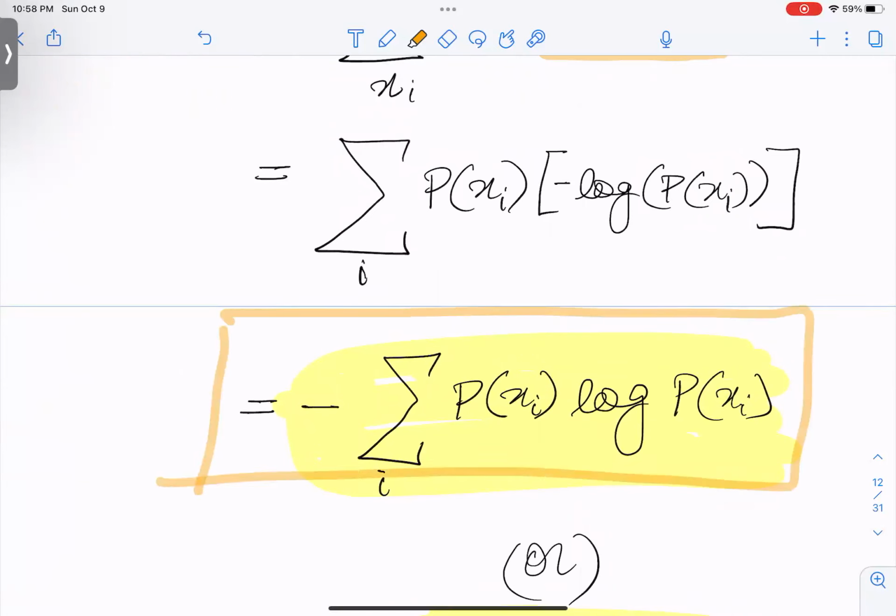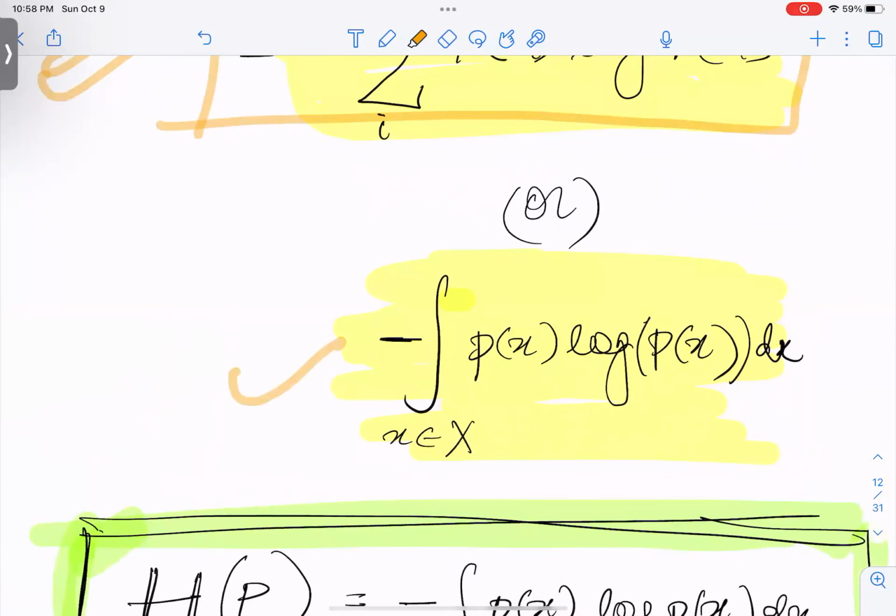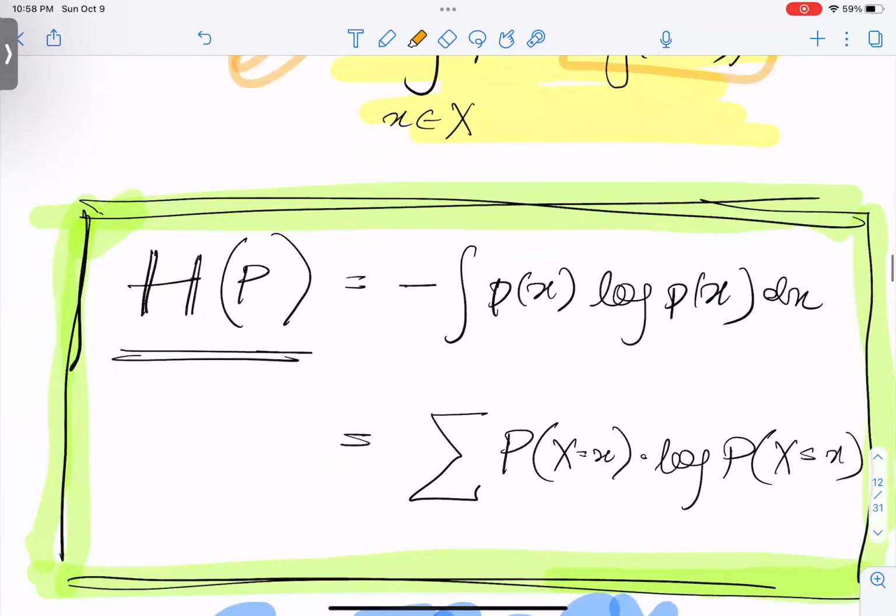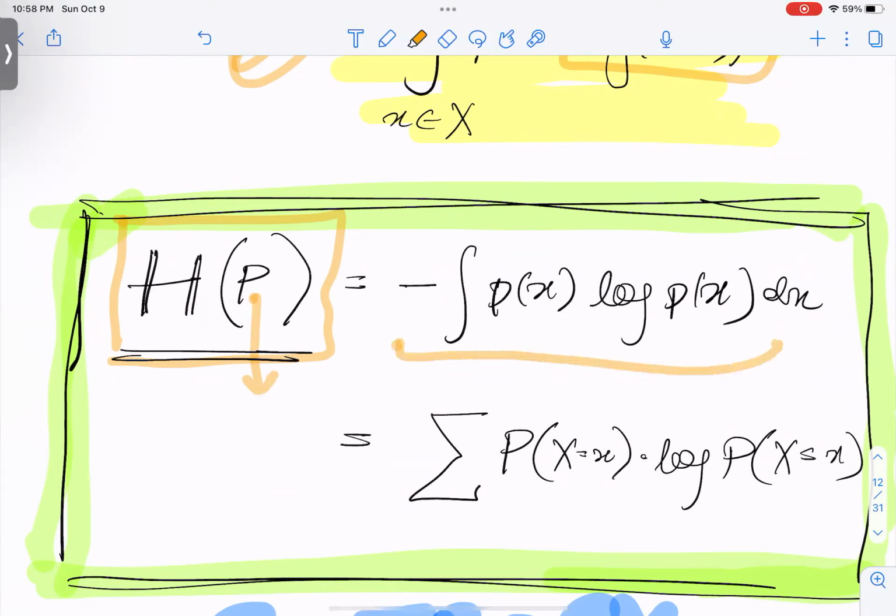This is for discrete random variables, and the same thing could be applied for continuous random variables. This is information, this is the negative sign, I have taken the negative sign out, and this is known as H of p. The entropy is defined as H of p. This p is how the distribution is and how much average information we are getting for all the possible events that are going to happen for this distribution.